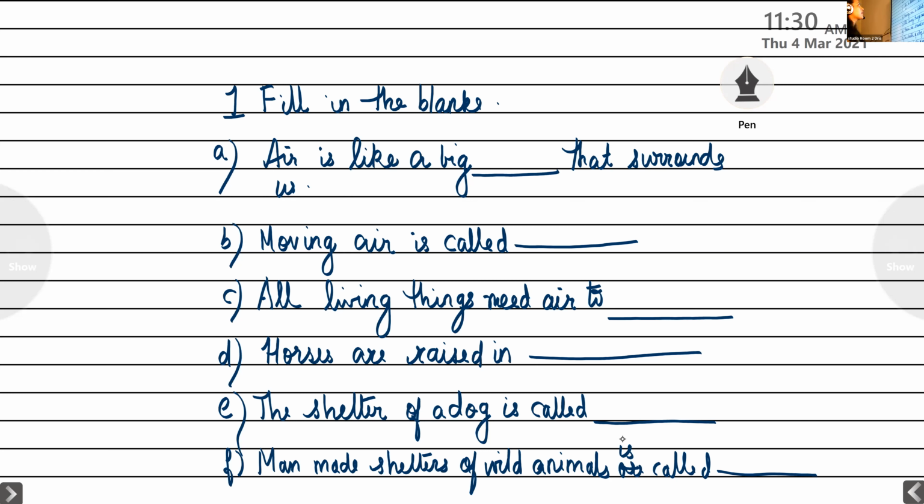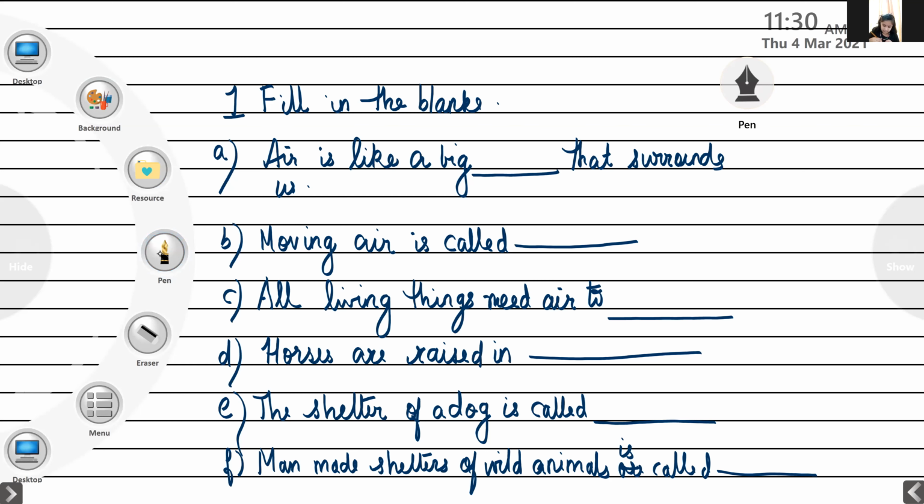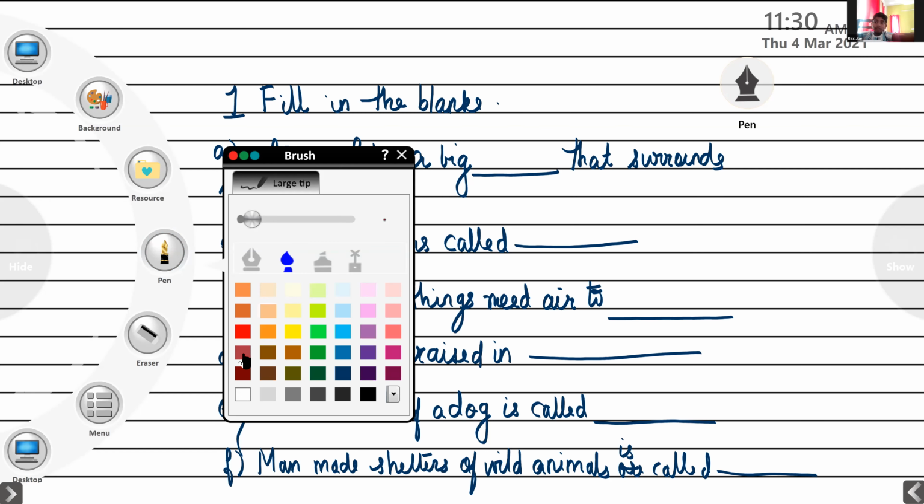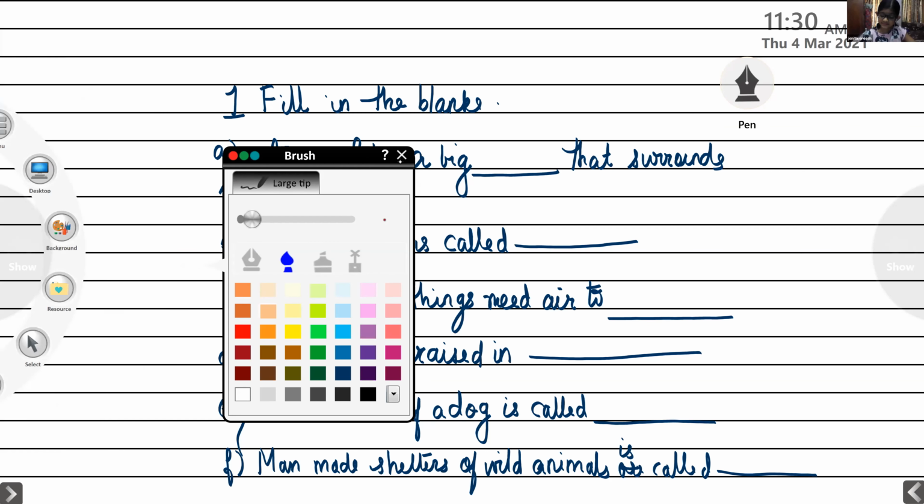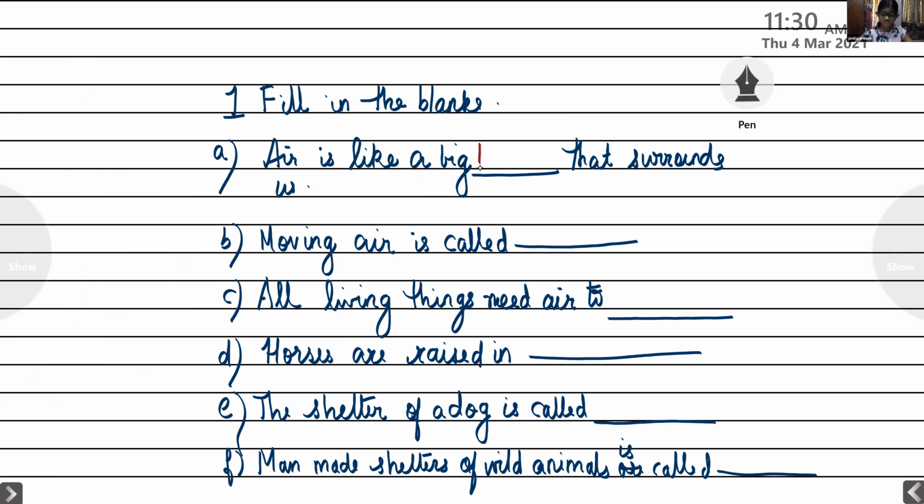What is the first answer? Air is like a big blanket. Blanket. Okay. Second one. Moving air is called wind. All living things need air to breathe.